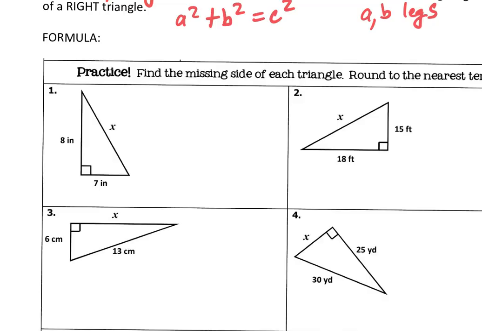These two sides on number one, we're not going to do all six of these, but this is A and this is B. And I could flip-flop them. I could say this is A and this is B, so it doesn't matter which one's which, just so you know that those are okay. And then this is obviously my hypotenuse. The one thing we know right now is that this side must be longer than these two, because it's the longest of the three sides. So it's got to be bigger than 8 and 7.